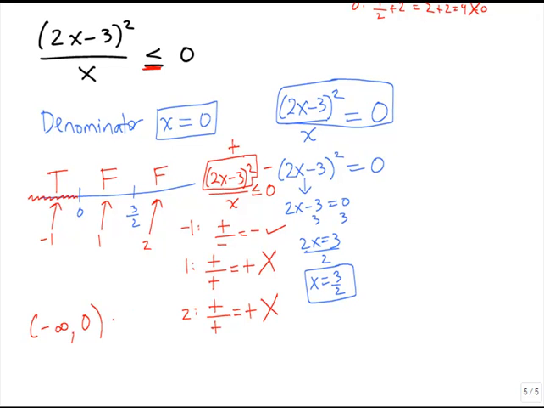So the way I'm going to show that is I want all of the values of x in this interval, all those places where this was true, but I also want to add to that, and I'm going to use that union symbol to show that I want to add to this solution the number 3/2 as well, because that was where this became equal to 0. Now since that's just a solitary number, or a single number, I'm going to use those curly braces to show that set. So my solution is all the values of x less than 0, or 3/2.